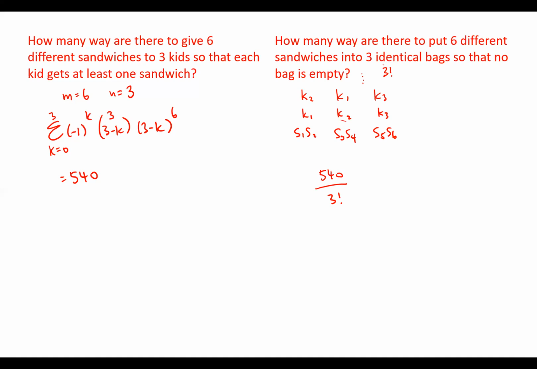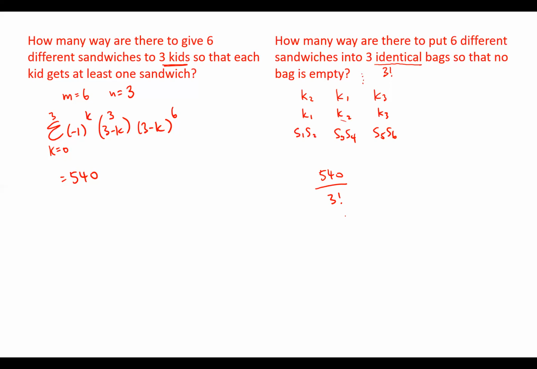The only thing that's different is that we have identical bags here, and the three kids are different. In both situations, we have 6 different sandwiches, and each bag or each kid has to have at least one sandwich. So that's key. The answer on the right-hand side is 540 divided by 3 factorial, which is the size of B, the size of the output.